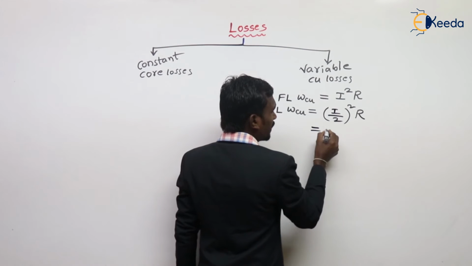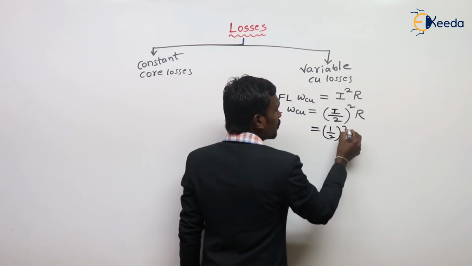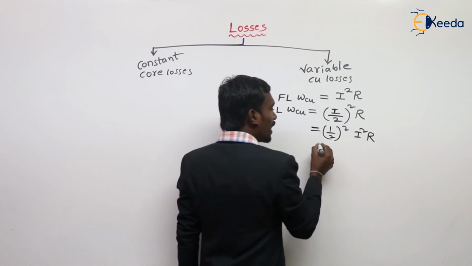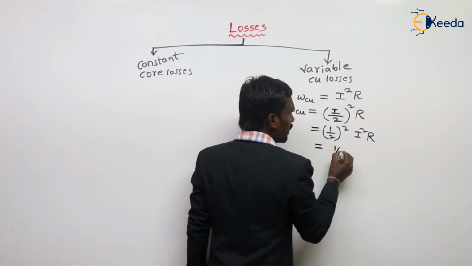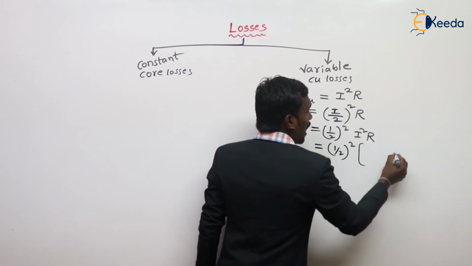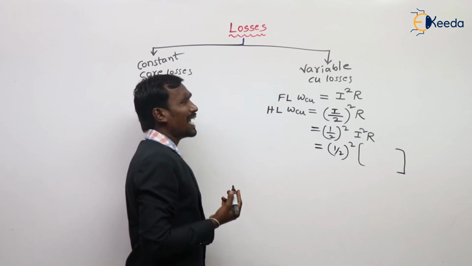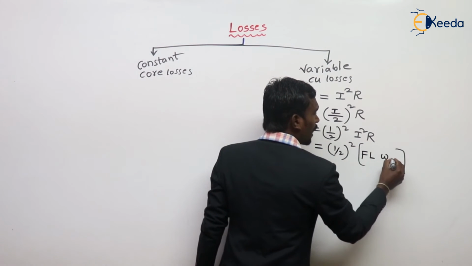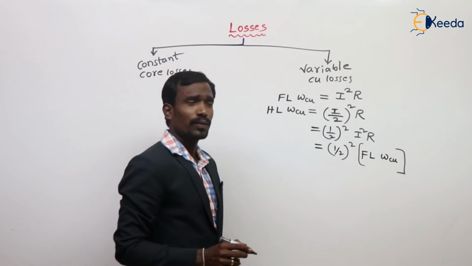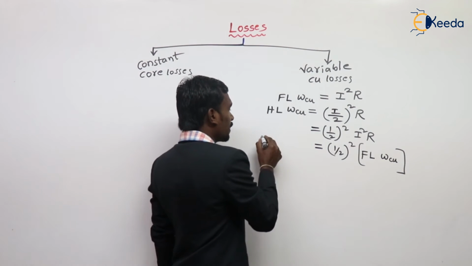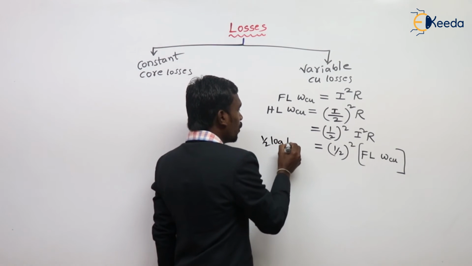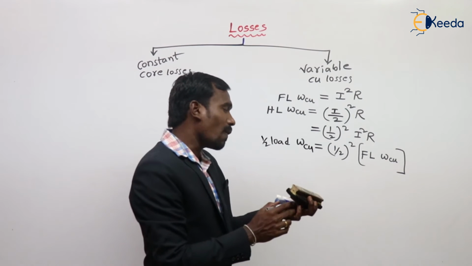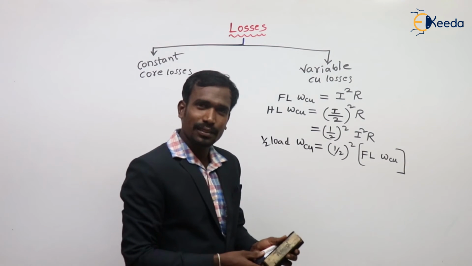Half of the current square can be written as half square I square R. What is I square R? I square R is nothing but the full load copper losses. So half load copper losses is equal to half square into full load copper losses.